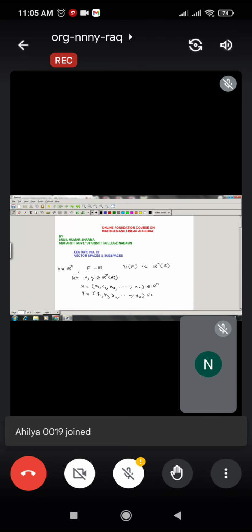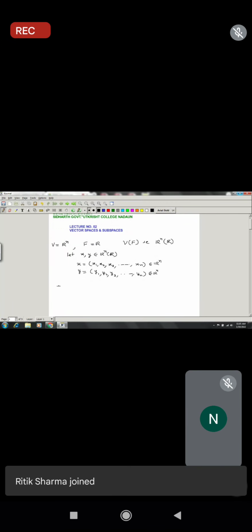So y looks like y1, y2, y3, up to yn. This is an n-tuple element. Now how can we define vector addition? We define vector addition as the map (x, y) goes to x plus y.